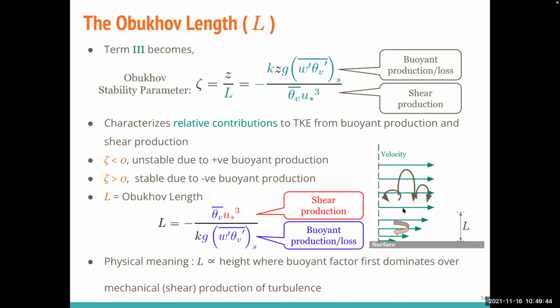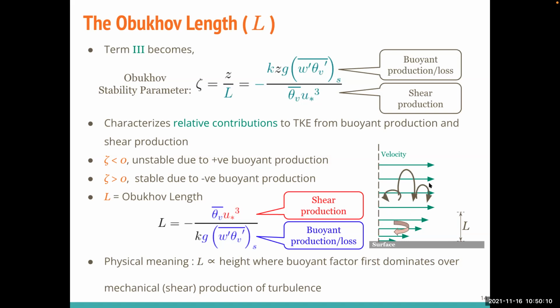So assuming that you are looking at the daytime profile, right? The daytime profile, you have a lot of thermals here. You might have some mechanical generated turbulence here. So how far do they extend, right? How far does your mechanical shear production extend?